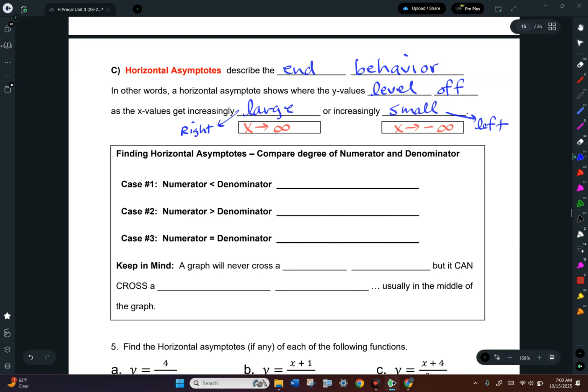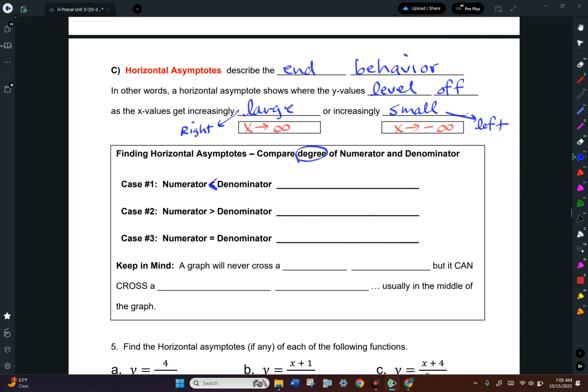Okay. Now here's the part that hopefully you remember a little bit about. This is how you were taught to find horizontal asymptotes. In order to find them, you are going to compare the degree, meaning the exponent, of the numerator and denominator. Okay, so case number 1, what if the numerator degree is less than the denominator degree?